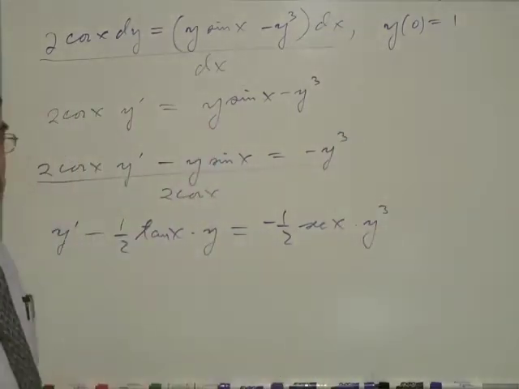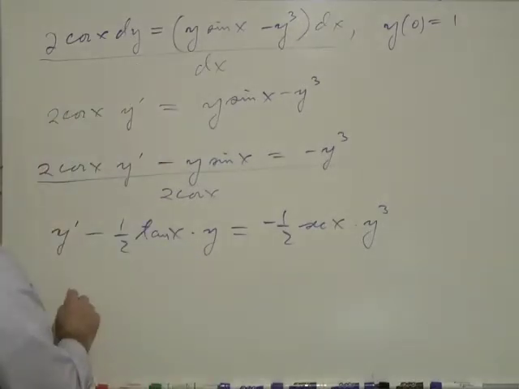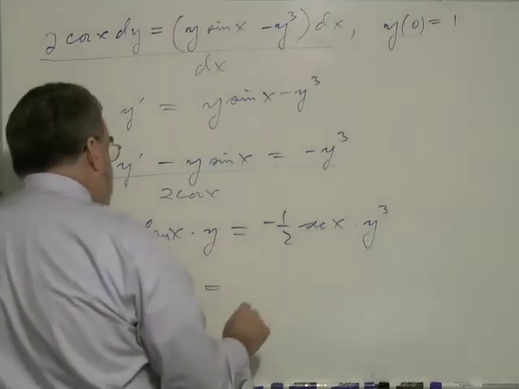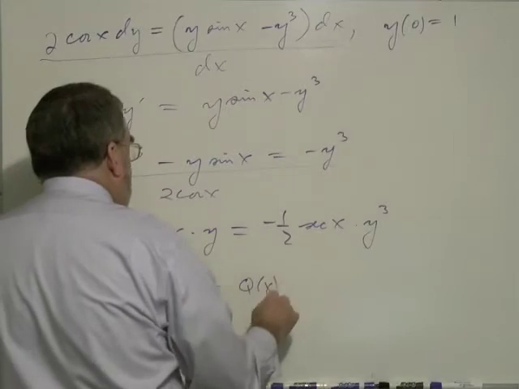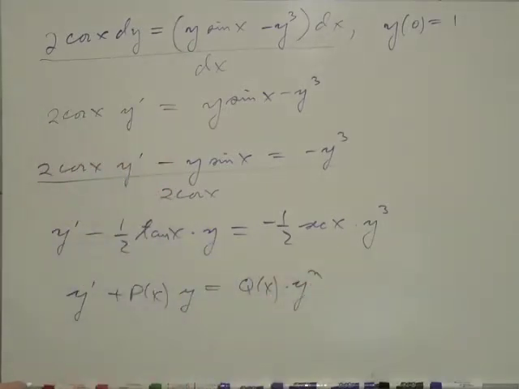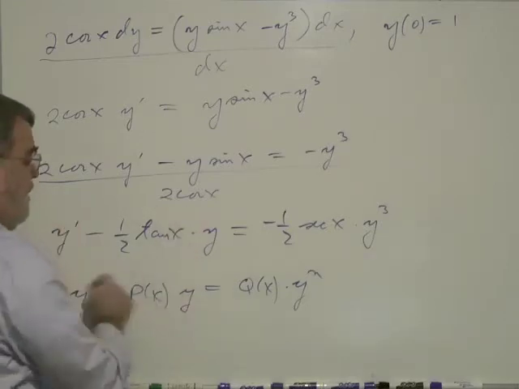So, is that a bona fide Bernoulli equation? Well, indeed it is, because the Bernoulli form is y prime plus p of x times y equal to q of x times y to the nth power. And we see here that p of x is this mess right here times y.